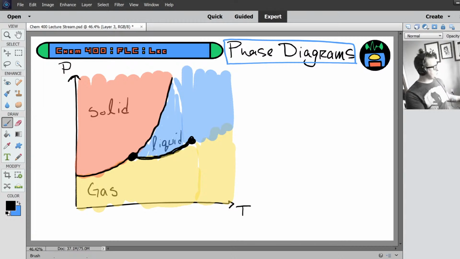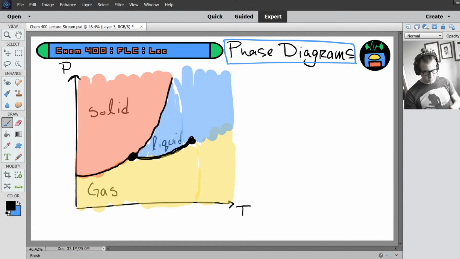Now, just so you know how to read a phase diagram.